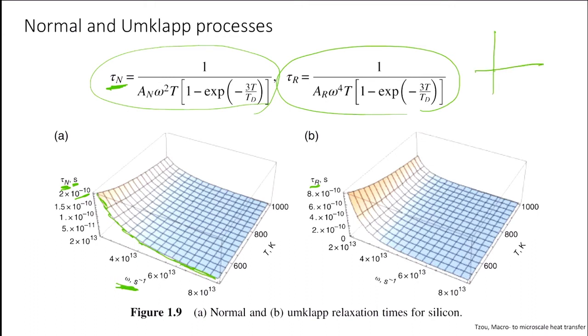We were looking at this omega versus k curve. As we go up in this frequency range, the normal scattering lifetime decreases. We are just plotting this equation. The normal scattering lifetime also becomes smaller with temperature.